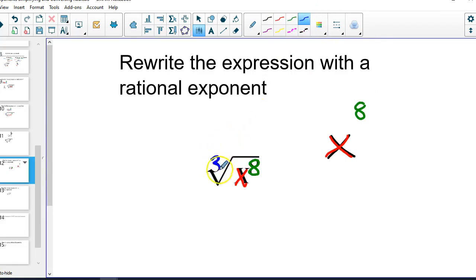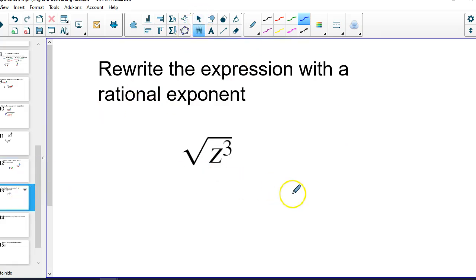And the index on the outside is the bottom of the fraction. Then we're done. We wrote our radical expression with a rational exponent. Okay? Now, I want you guys to give this one a go. Take a couple seconds, try it out, and we'll go over it in just a moment.